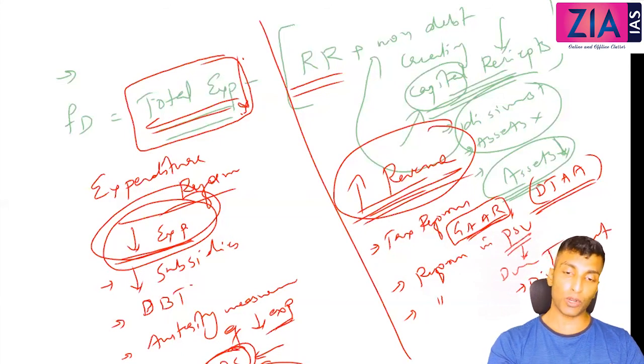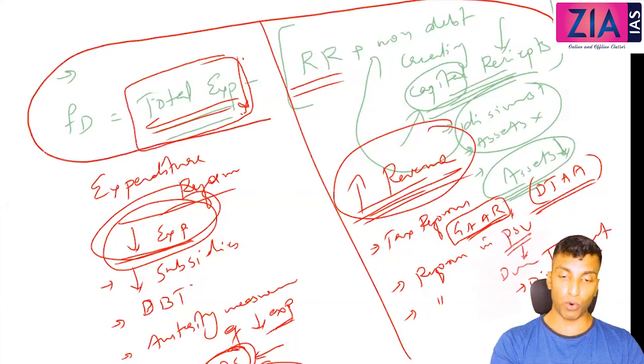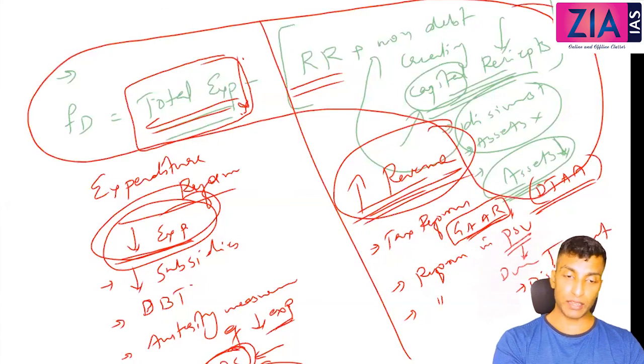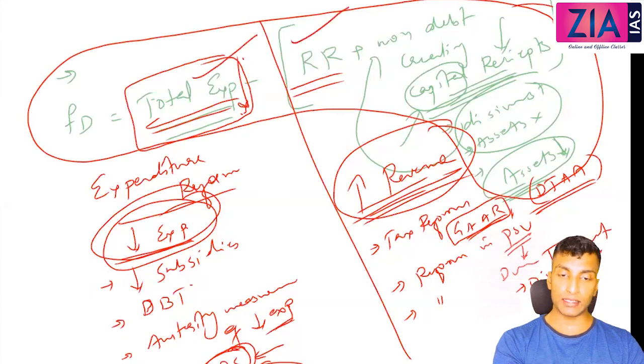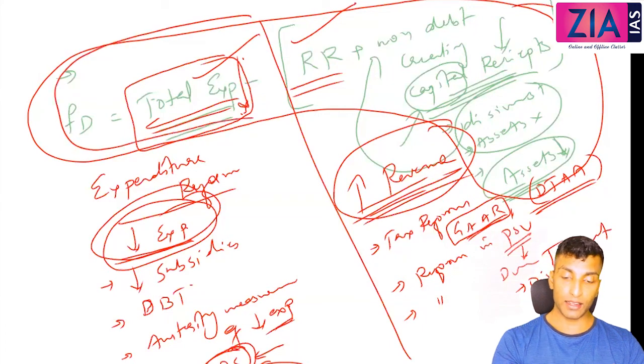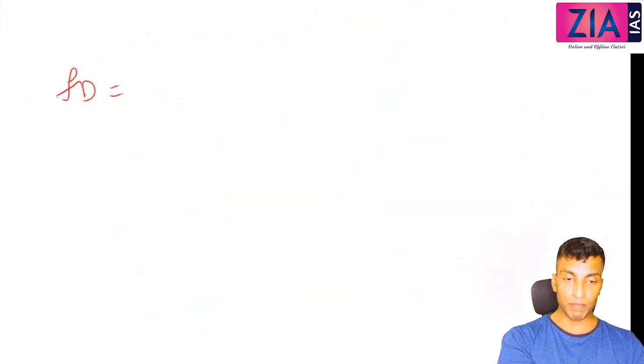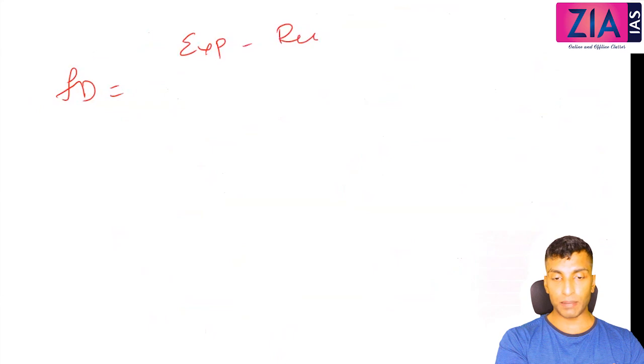So understanding what fiscal deficit is, is more important for us. Fiscal deficit means excess of expenditure over receipts except borrowing. One more time I'll tell you, fiscal deficit is equal to expenditure minus receipts except borrowing.